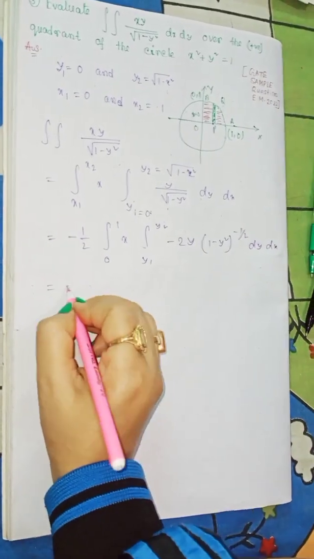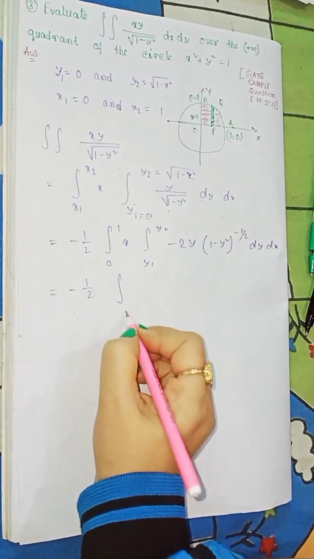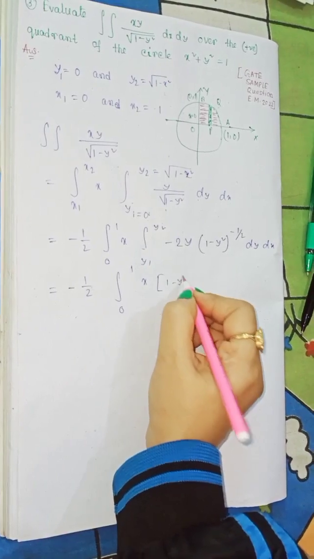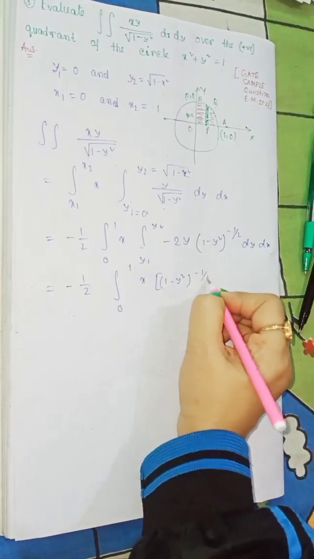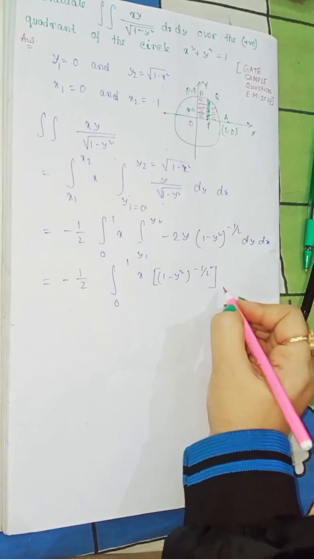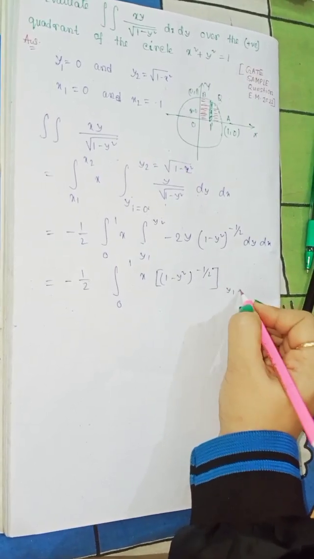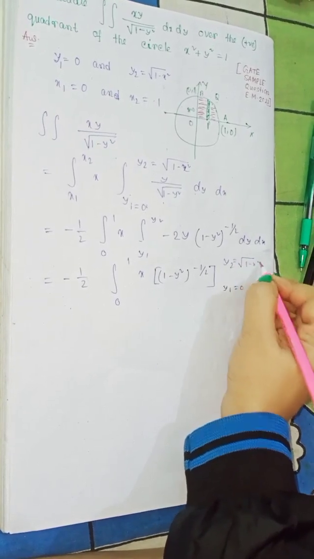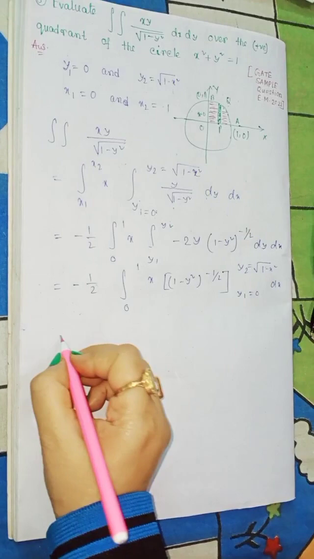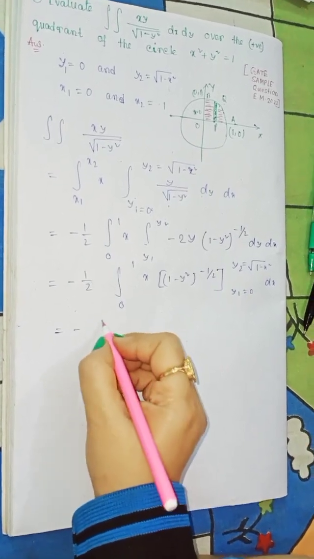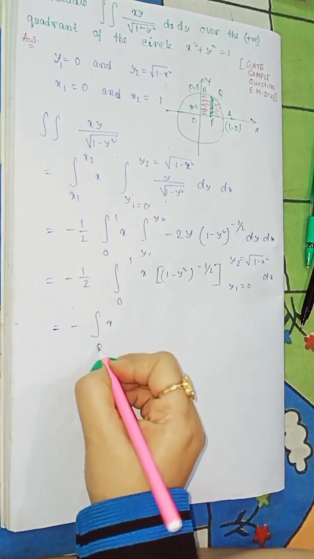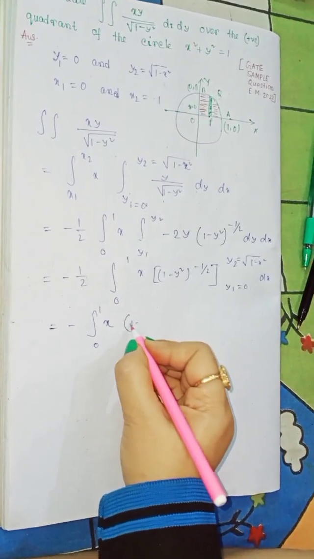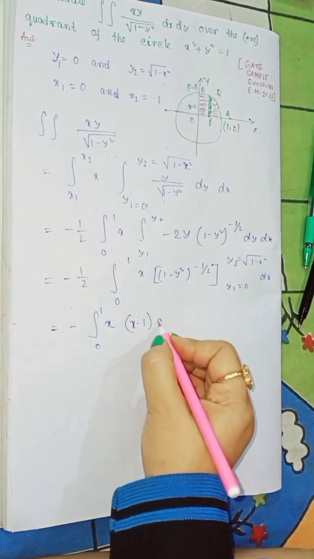So now this one is equal to minus of half integral 0 to 1 of x into root of (1 minus y square), whole, between the limits y1 equals 0 to y2 equals root over of 1 minus x square, dx. So that is equal to minus of integral of x from 0 to 1 of (x minus 1) dx.